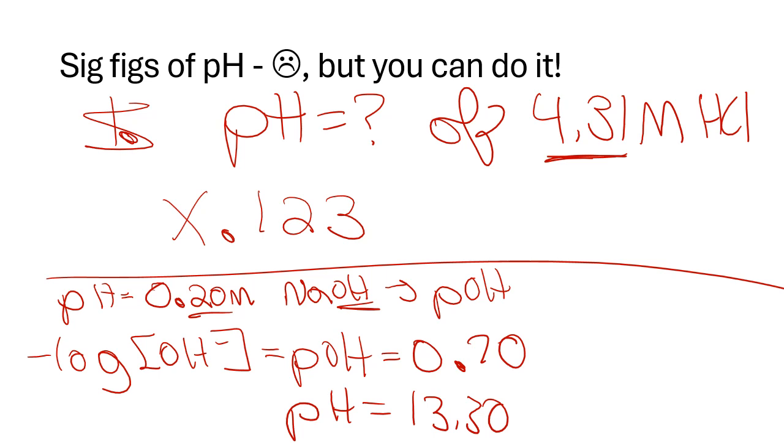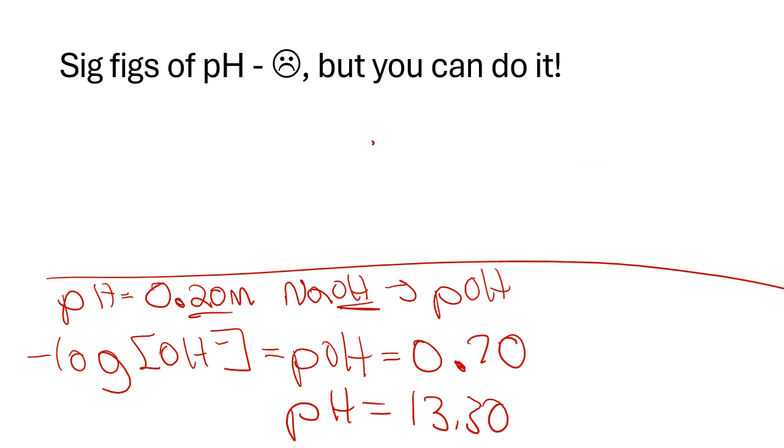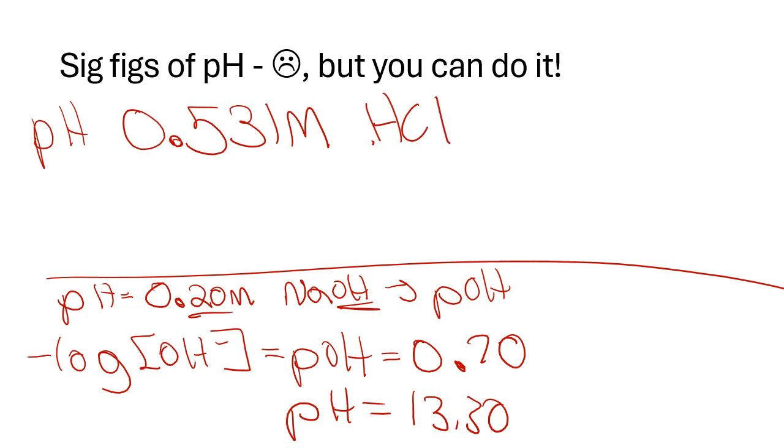So I'll do one more example here with an acid that would actually be real. What is the pH of 0.531 molar HCl? Now, because it's HCl, we know it breaks down to H plus and Cl minus.